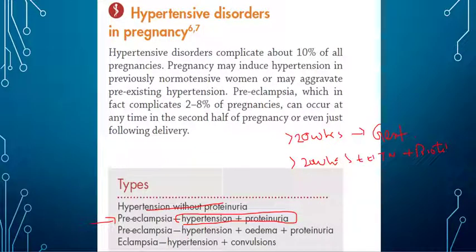Now, if a preeclamptic patient starts to have convulsions, that's what we will call eclampsia. These are the important terms that you guys need to remember first, because a lot of the time people diagnose a patient who is 10 weeks and has hypertension, and in the exam question, what is your diagnosis? Most of the candidates just think that it is pregnancy-associated hypertension or gestational hypertension, which is wrong. Okay.